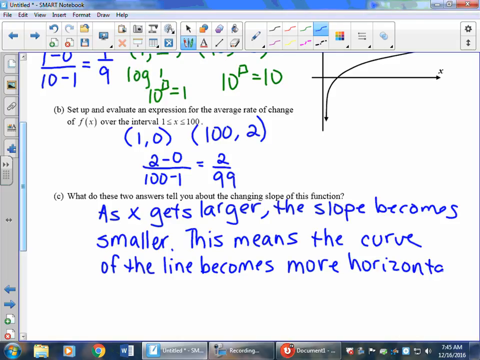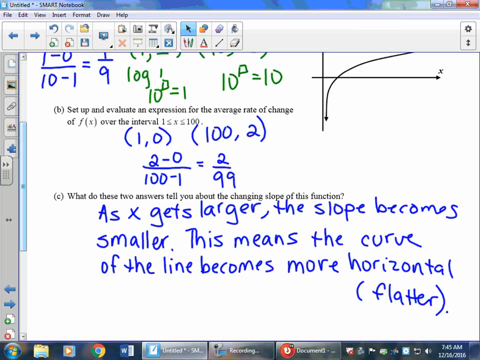Or you could use the word flatter. Again, one more time, I'm going to remind you, it's about communicating. Using academic vocabulary is always preferred, but if the words just don't come to you, make sure you're communicating the right information that the question is asking.